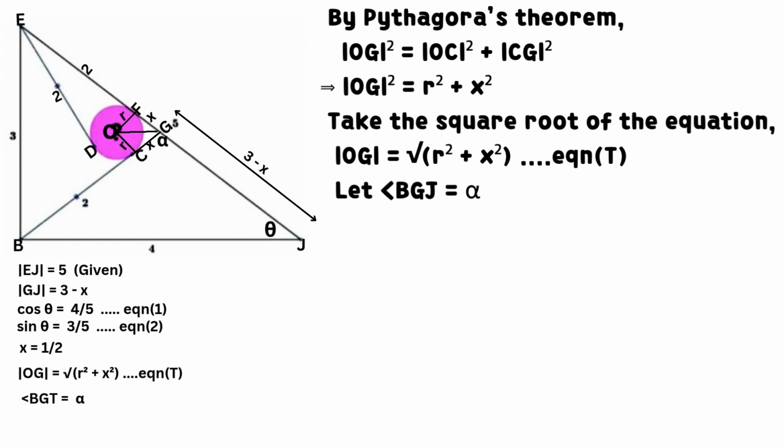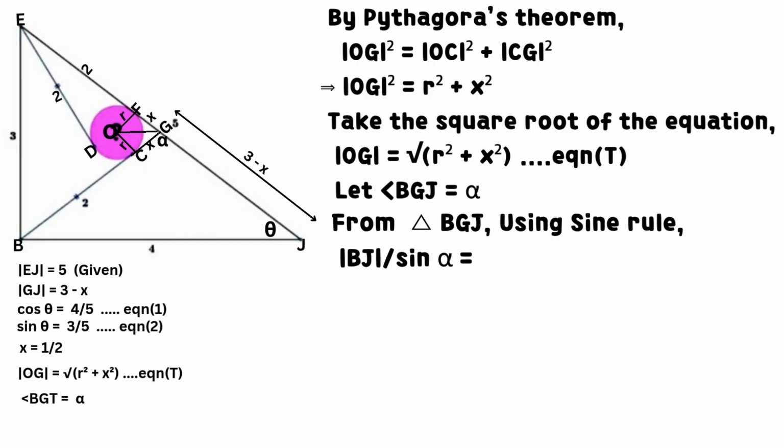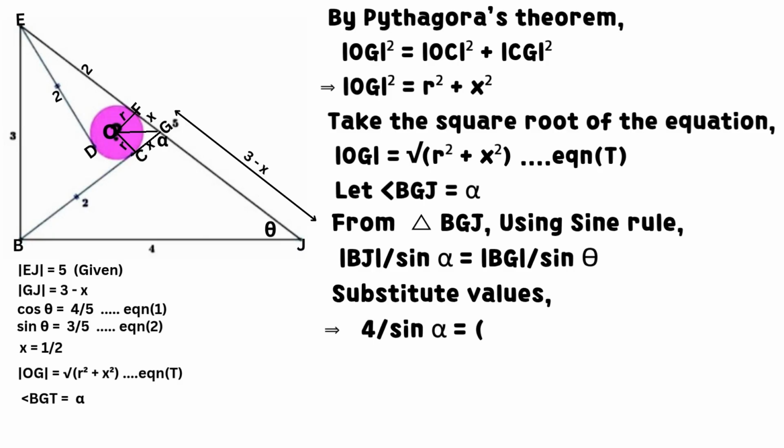Let angle BGJ equals alpha. From triangle BGJ, using sine rule, BJ divided by sine alpha equals BG divided by sine theta. Substitute values.